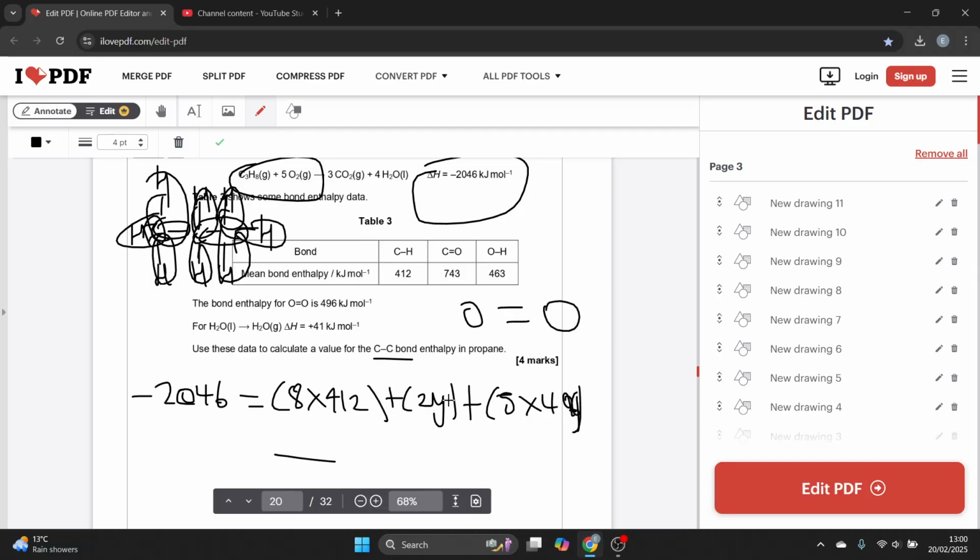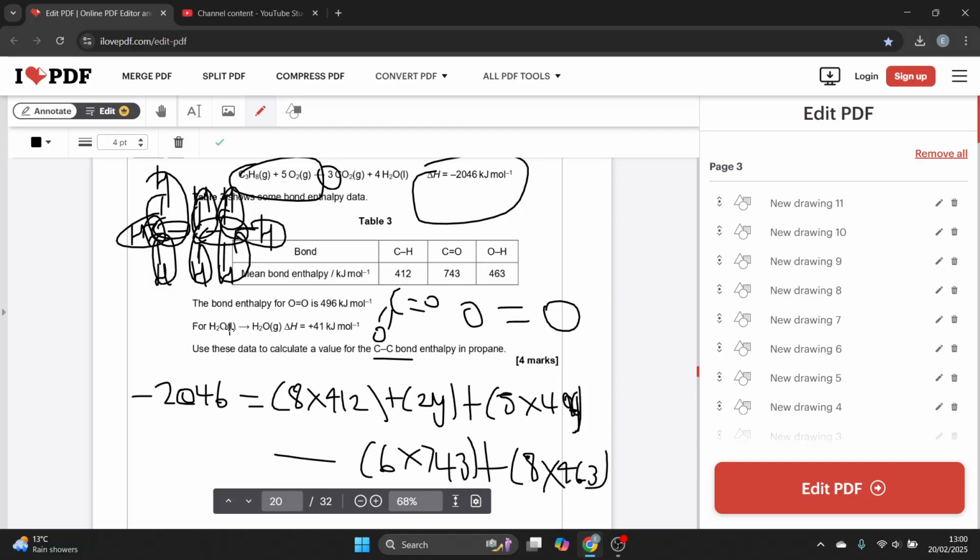So 5 of those is going to be 5 times by 496. Minus energy released when new bonds are formed, 3 CO2. Well, then that's going to be 6 because I've got C double bond O, double bond O. So I've got 2 for each one, and I've got 3 of them. 3 times by 2 is 6, times by 743, plus 8 times by 463.